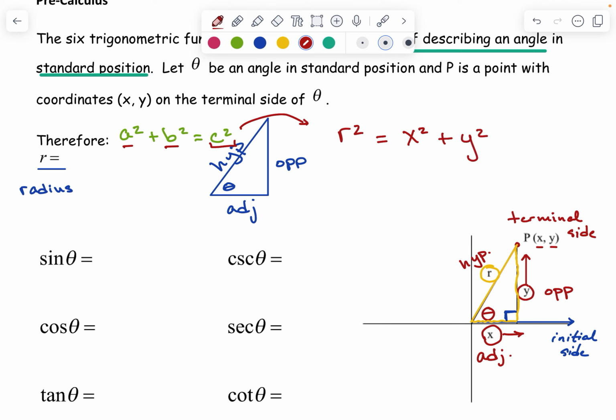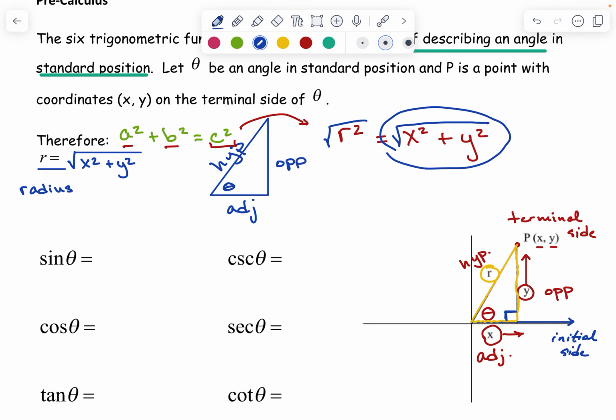To isolate r, we find the square root, and we're left with the formula r equals the square root of x squared plus y squared. It's the same as the Pythagorean theorem, just using these letters as we shift to the coordinate plane.